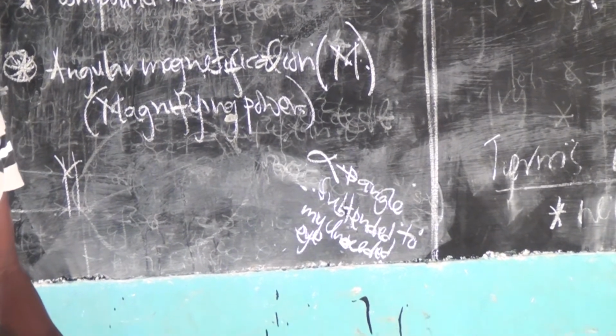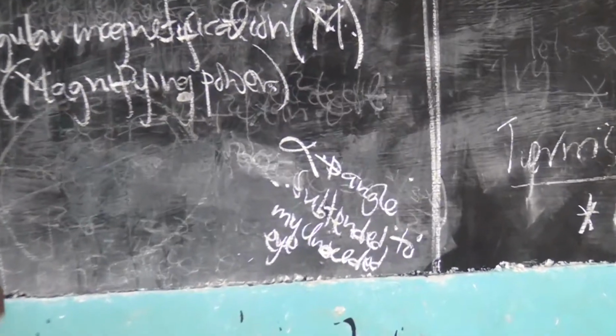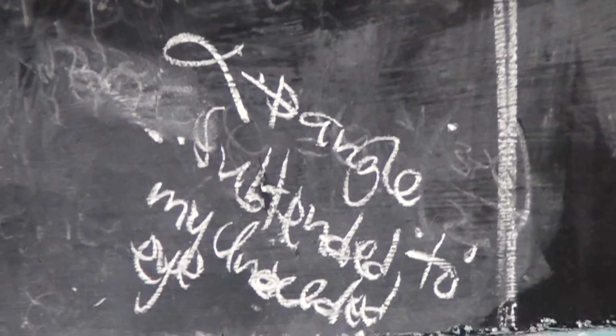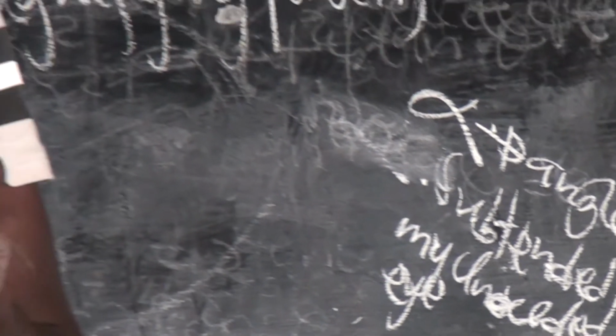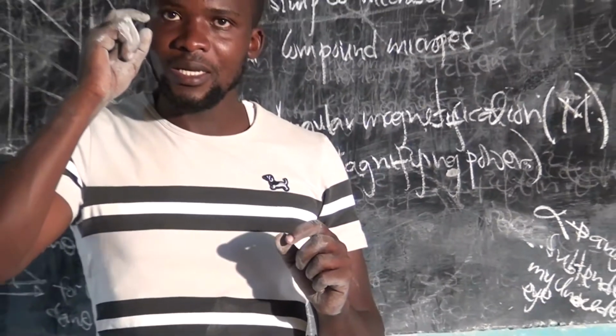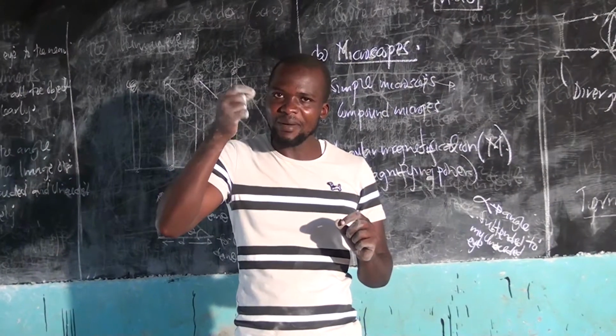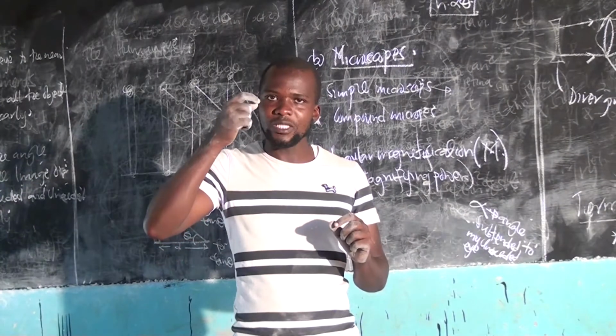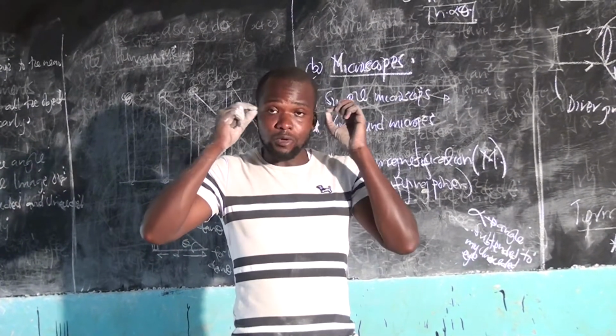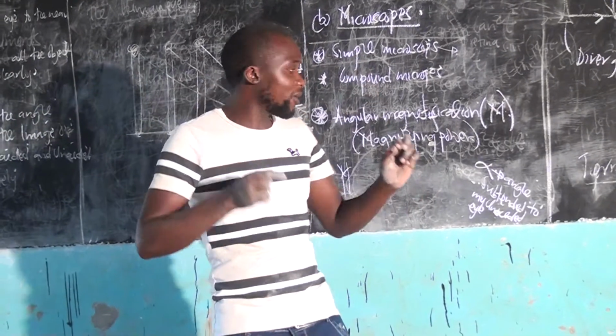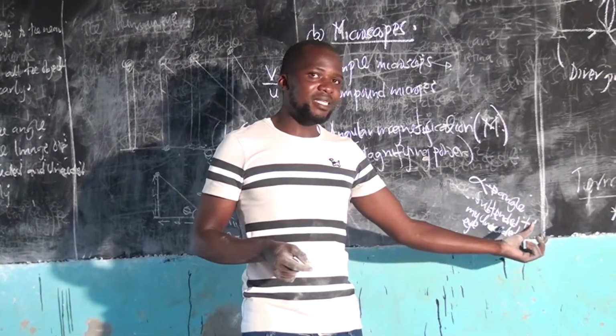The eye is not aided. When I say that the eye is not aided, I mean that I have not used the spectacles to see. I have not used the microscope or a telescope to see, I'm using my naked eye. That's why I'm naming it unaided eye.